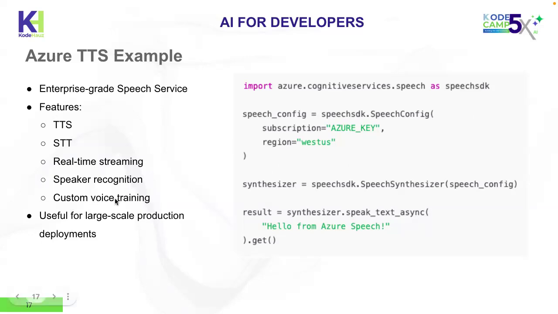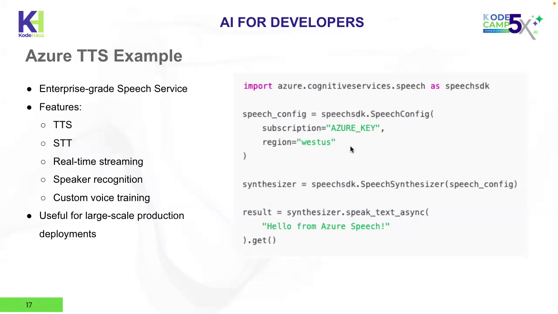And it's useful for large-scale production deployment. In other words, they have enough compute to handle large amounts of requests or traffic. Remember, each time you do speech synthesis, there's a lot of computation going on, so that needs a lot of beefy hardware.